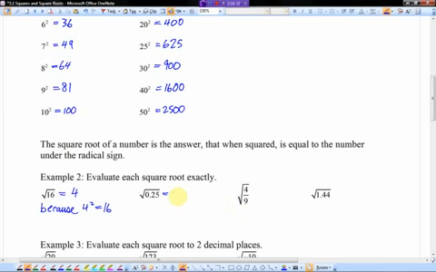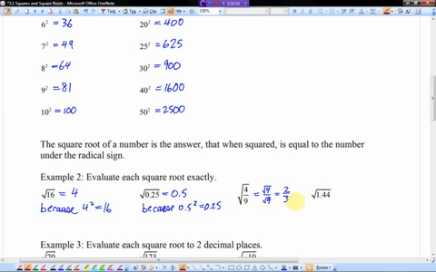0.25, the square root of that is 0.5. Again, because if you take 0.5 and multiply it by itself, you get 0.25. The square root of 4/9 is pretty easy to do. You take the square root of 4, you take the square root of 9, and you put one over the other.